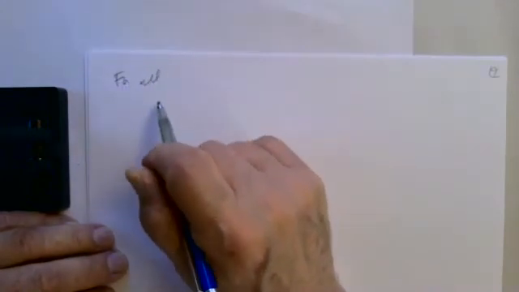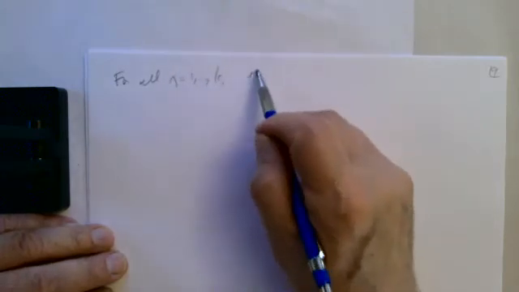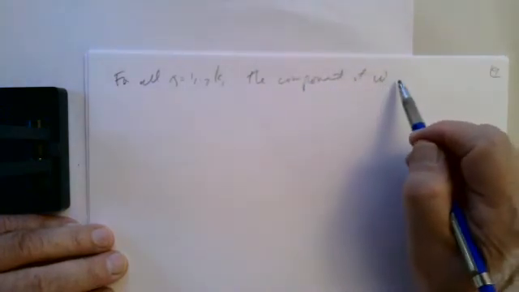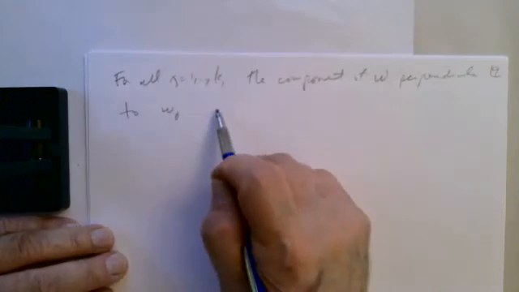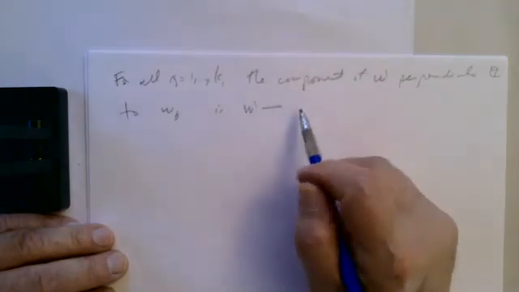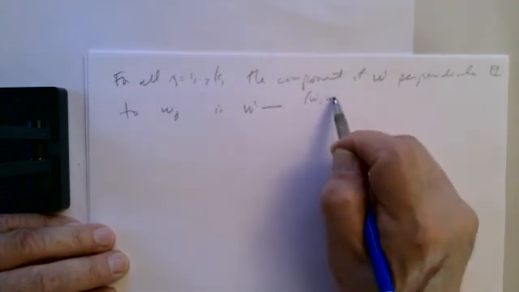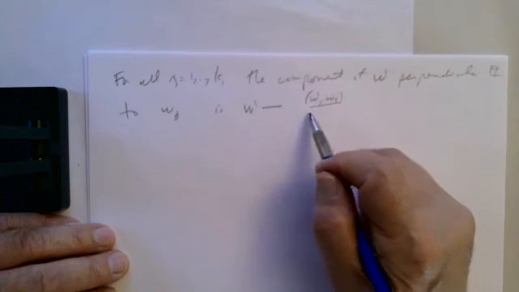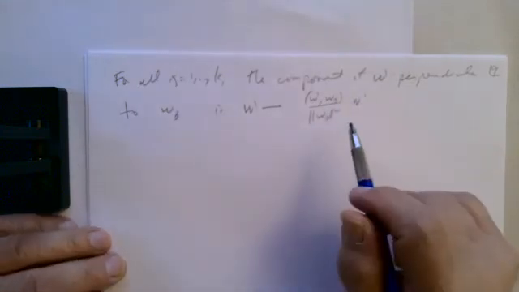So for all j from 1 to k, the component of W prime perpendicular or orthogonal to Wj is W prime minus the inner product of W prime and Wj over the length of Wj squared, times Wj.